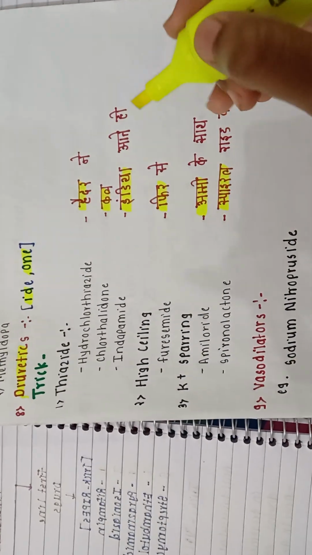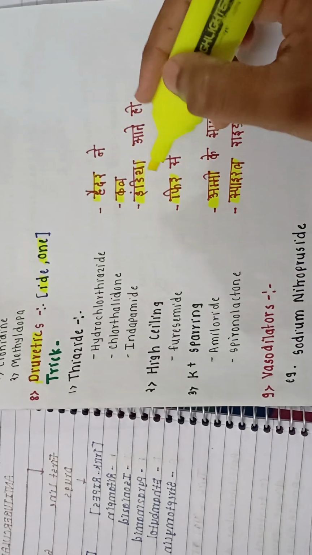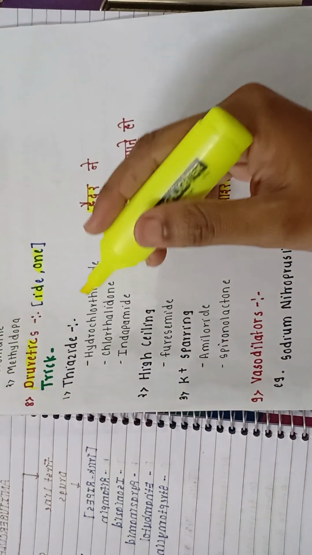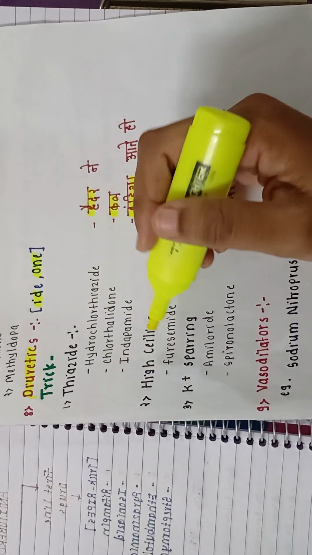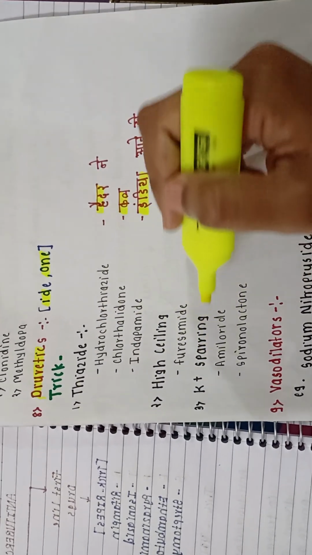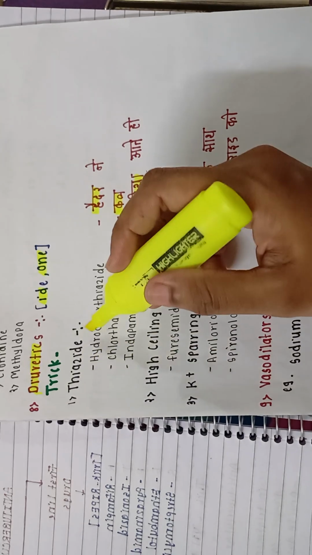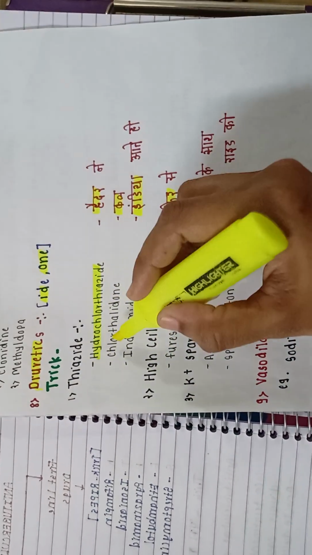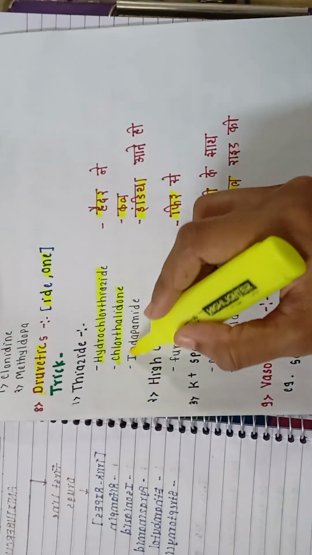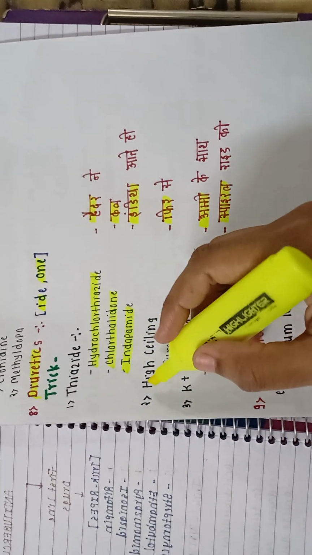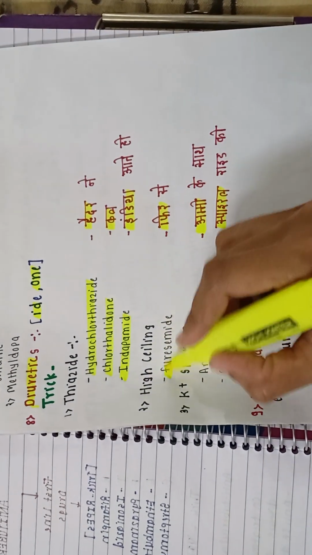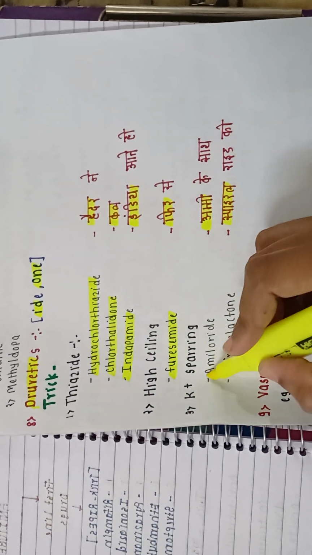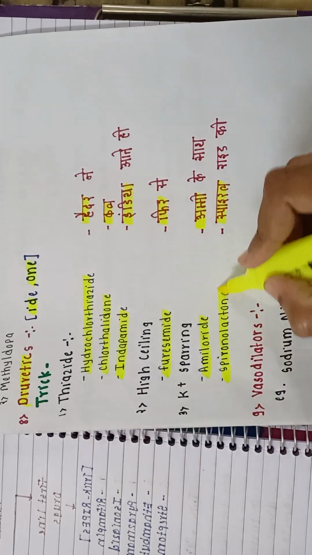The trick for all diuretics is given in Hindi: Haidar ne kal India aate hi phir se Ammi ke saath spiral ride kiya. Diuretics are of 3 types: thiazide diuretics, high ceiling diuretics, and potassium sparing diuretics. First thiazide diuretics: Haidar for hydrochlorothiazide, kal for chlorthalidone, India for indapamide. Second class is high ceiling, phir for furosemide, and potassium sparing diuretics: Ammi for amiloride and spiral for spironolactone.